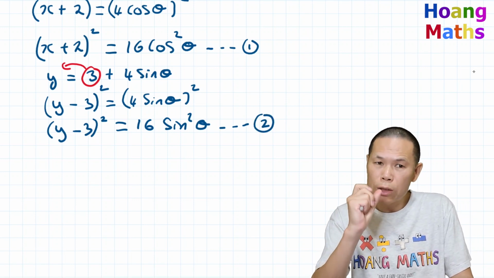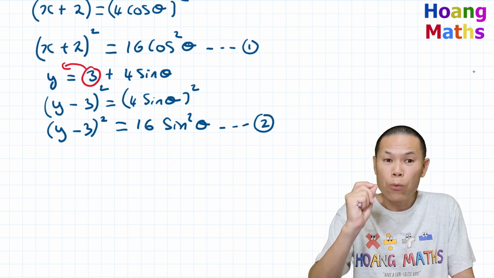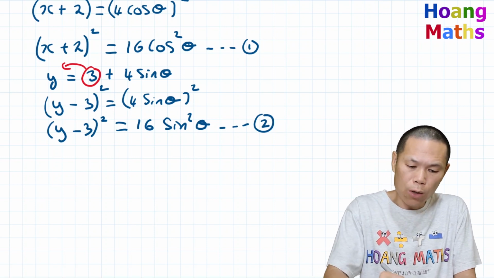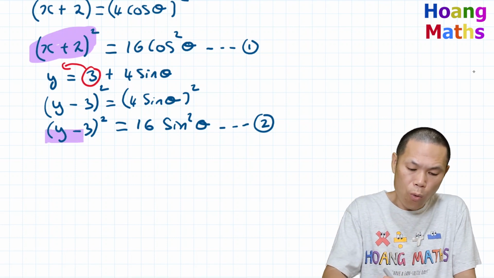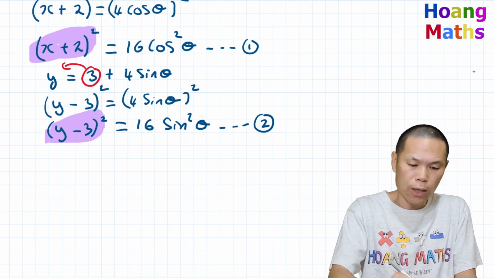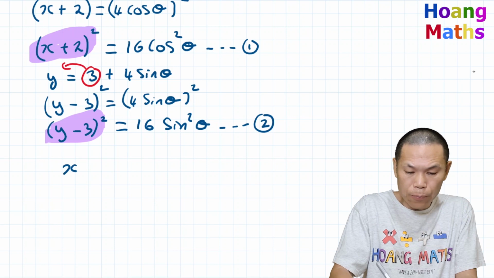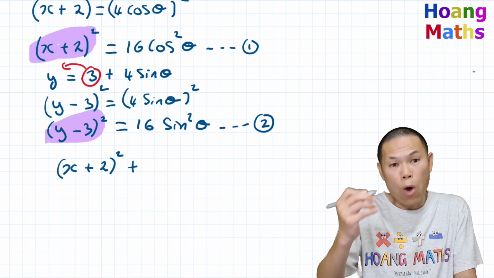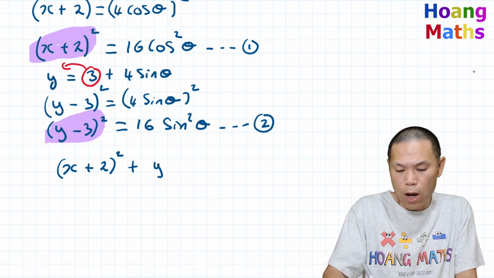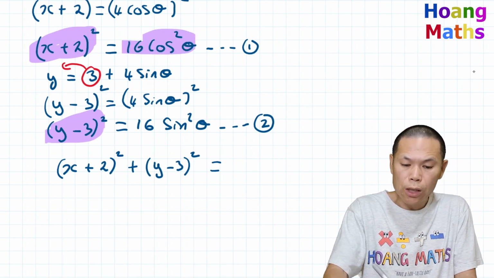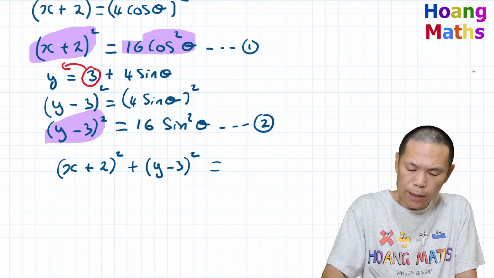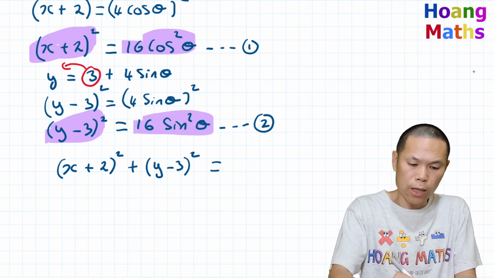Now I'm just going to add equation number 1 with equation number 2. In other words, we have x plus 2 all squared, and we add y minus 3 all squared. On this side we have 16 cos squared theta, and we add 16 sine squared theta.